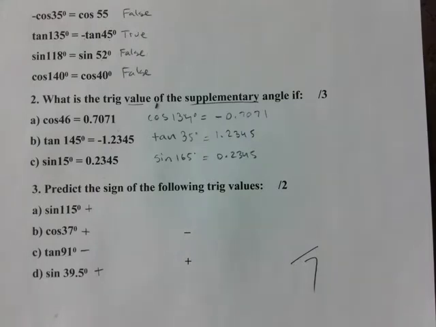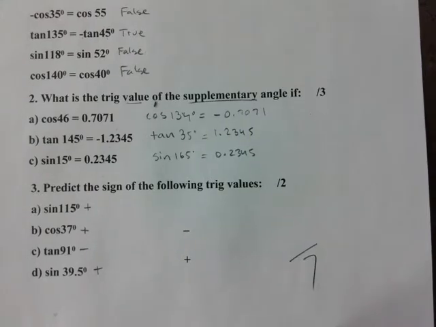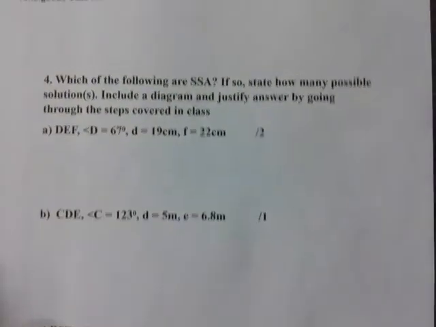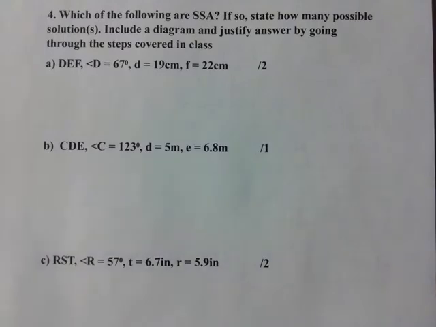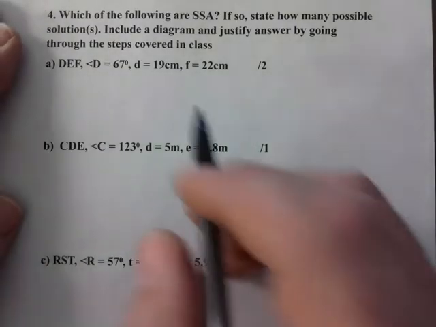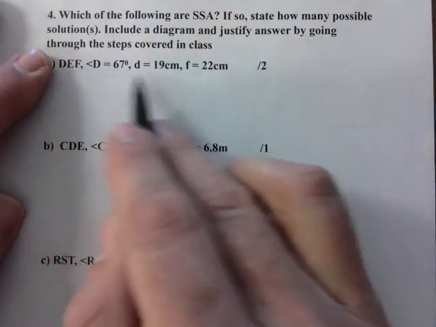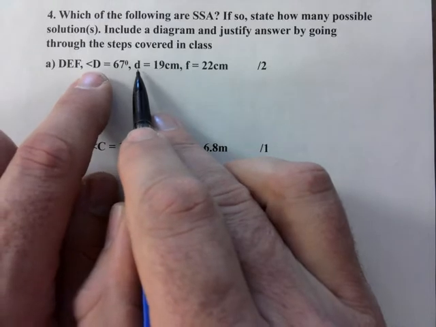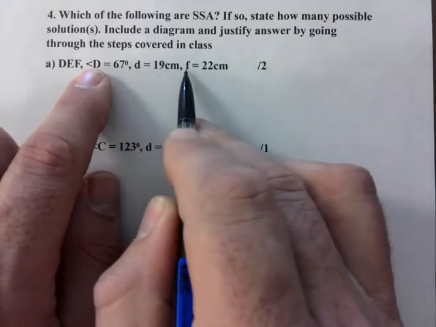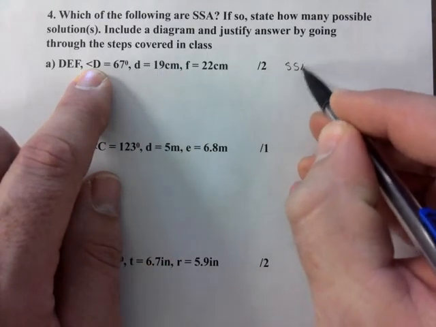And now we're going to get to the meat and potatoes of yesterday's lesson. So flip to the back, and I have lots of these coming your way, even after the test, I'll keep on making sure you understand what's happening here. The first thing is to determine if this is an SSA scenario, and you have a pair and another side, so this is definitely SSA.